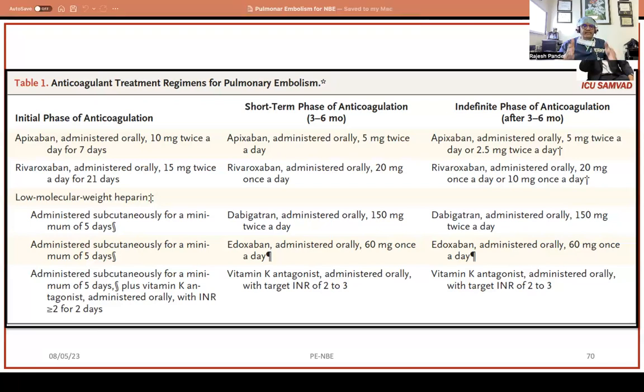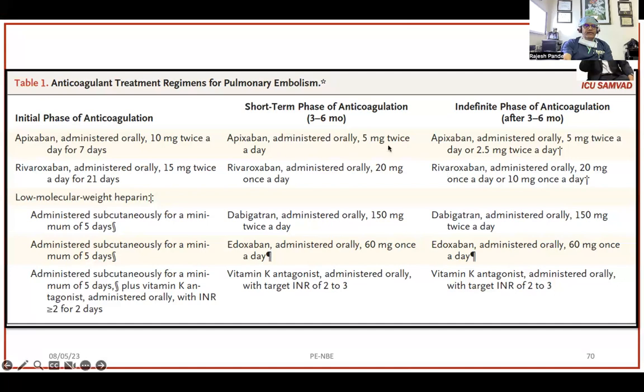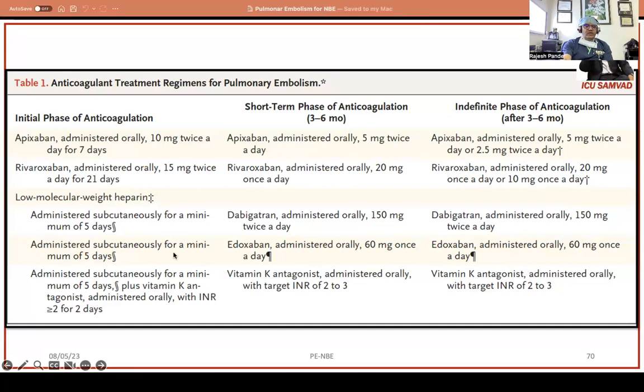These are the standard recommendations. Or initially, you can use low molecular weight heparins for up to 5 days and then make a switch to dabigatran or other drugs.